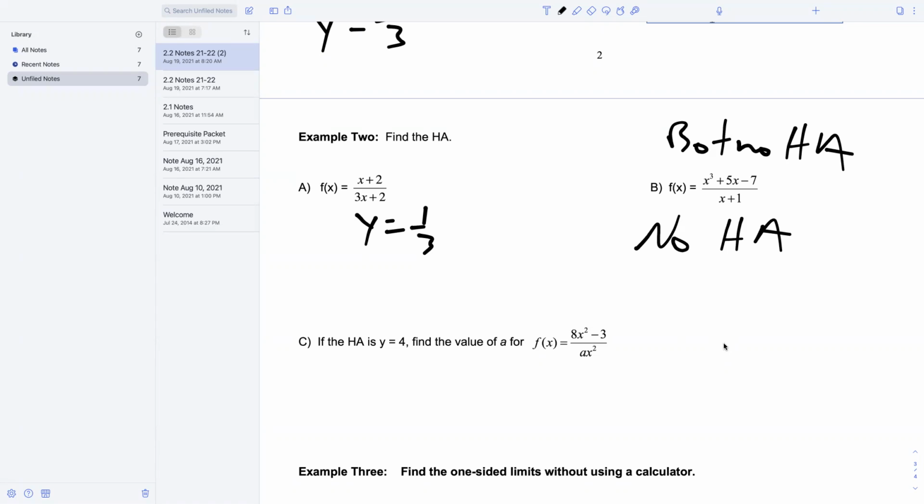But the degree is the same, 2 and 2, which means I'm looking at the coefficients. So I know it's got to be 8 over a, and that's equal to the value of the horizontal asymptote, which is the value of the limit, which is 4. Therefore, a equals 2.